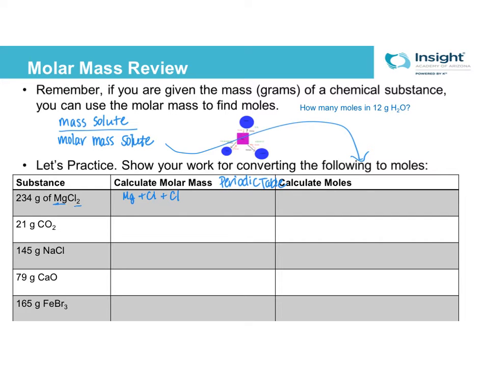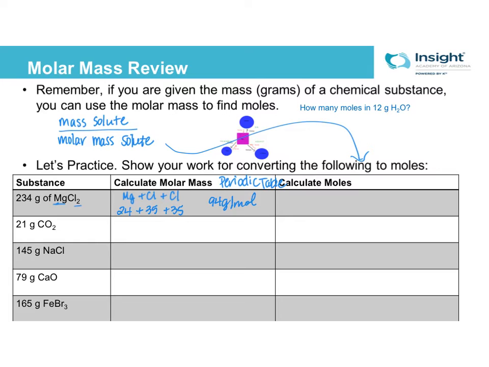Magnesium has a mass of 24.3. You're fine just rounding that to the nearest whole number, so I'm going to do 24. Chlorine has a mass of 35.45, so I'm going to add 2 35s, which will give me 94 grams per mole.